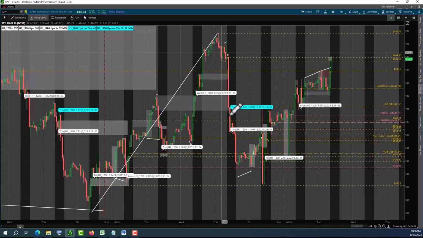So this is a pullback. So we still have a lot of sell side liquidity trap right here. So it goes here and it just does a stop run, then boom, it goes down to take orders. Sell side liquidity here.